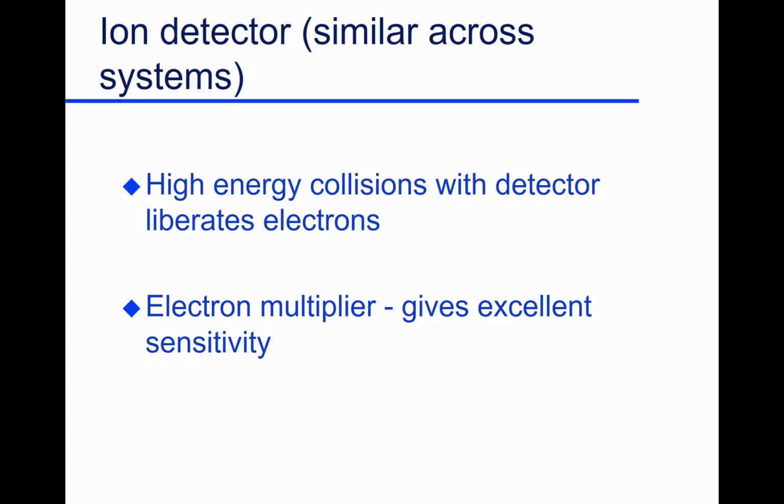And it keeps on multiplying, so it's an electron multiplier. So one fragment turns into thousands of charges that we can measure. Tremendous sensitivity. This is what makes mass spectrometry the sensitivity that it has. The idea that we can get a signal and multiply, multiply, multiply.